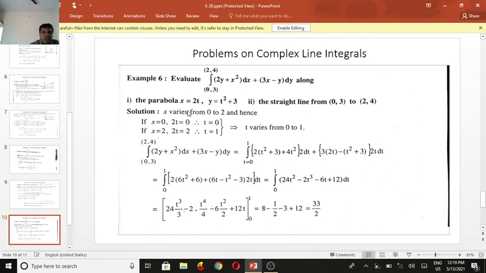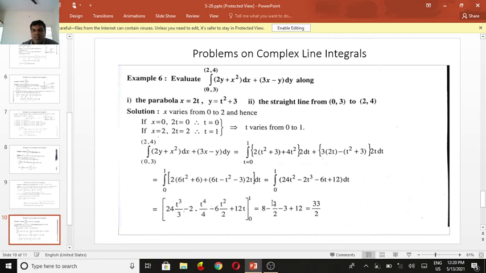Substituting, I convert all x in terms of t, and so we get the integral t varying from 0 to 1 of (t² plus 3 plus 4t²) times 2 dt plus 3(2t minus (t² plus 3)) times 2 dt. Simplifying, we get the integral from 0 to 1 of 2(6t² plus 6 plus 6t minus t² minus 3)... simplifying, the integral from 0 to 1 of 24t² minus 2t³ minus 6t plus 12 dt.